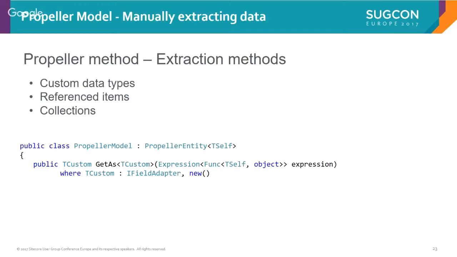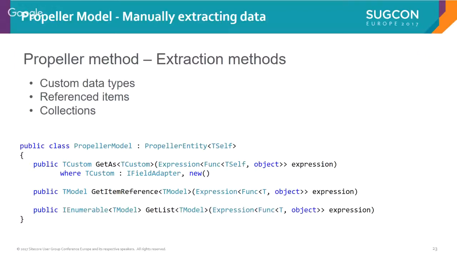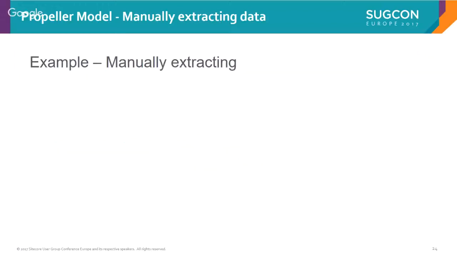And it returns a custom type which implements this interface that we just looked at. And we have a method for the reference items, which again returns a type, the model type that you input. And of course, to get the collections out, we can just grab the list of them. And how would this look in the real world?